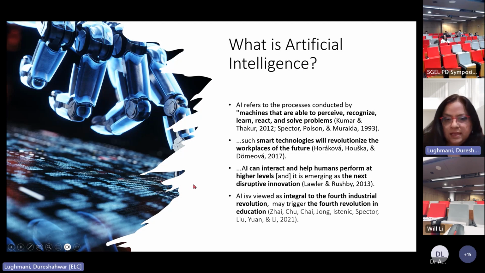And probably they are doing that already. Also, AI can interact and help humans perform at higher levels, and that it's disruptive. Also, it's integral to the fourth industrial revolution and may trigger the fourth revolution in education. And probably that's what we are witnessing now.